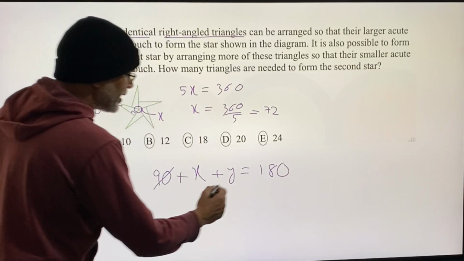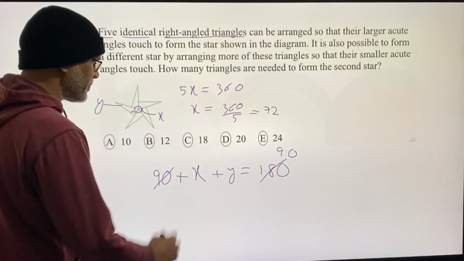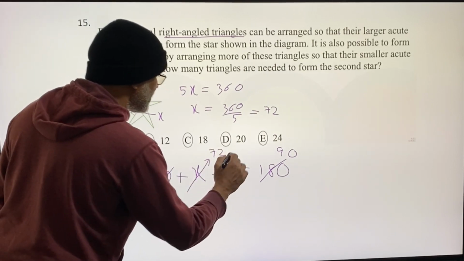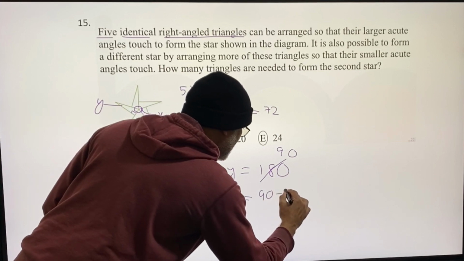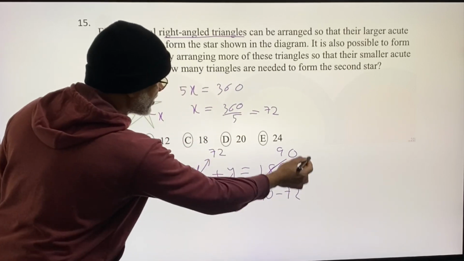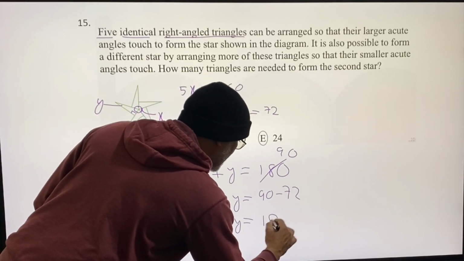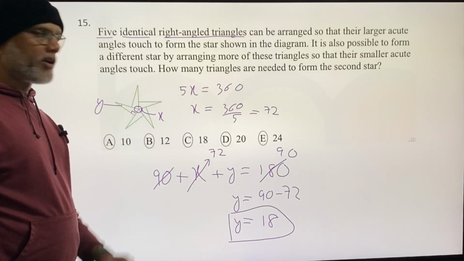So let me take away 90 from 180 and 90 remains. X, the larger acute angle, I have already computed to be 72. Then y is 90 minus 72. I'm taking the 72 to the other side. Then y is 18. Okay, so this is the smaller acute angle.